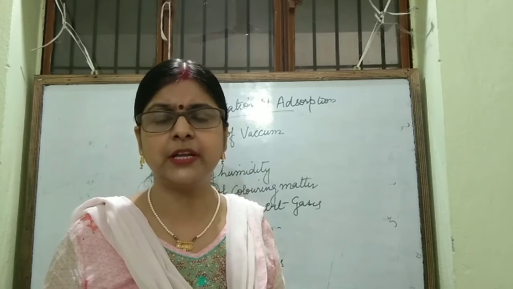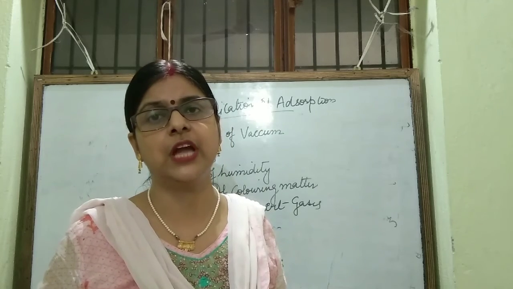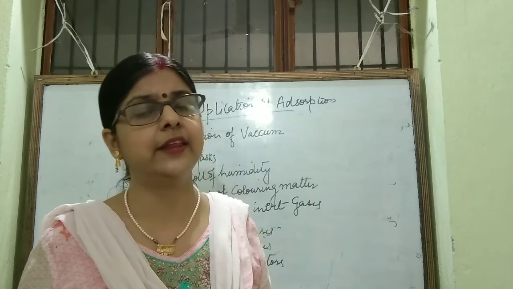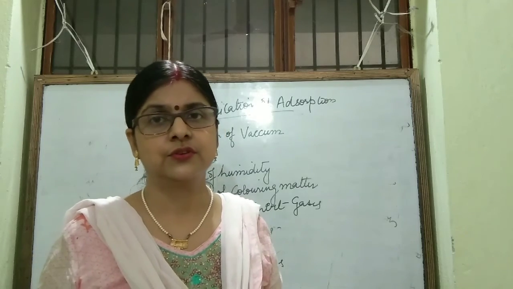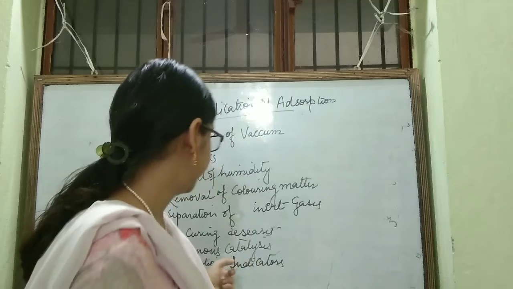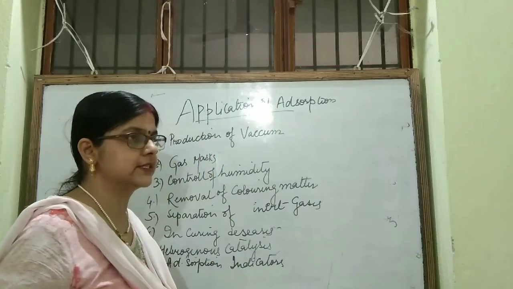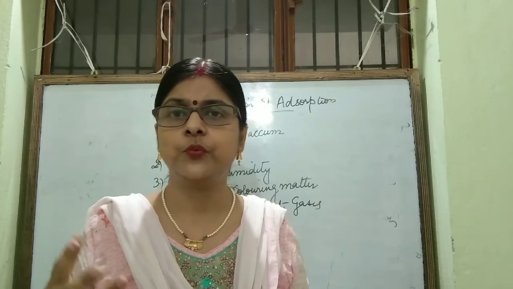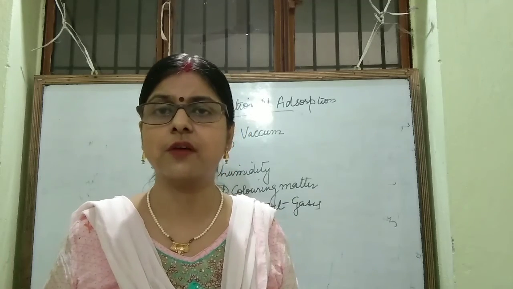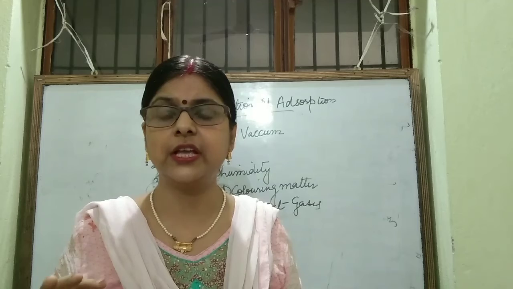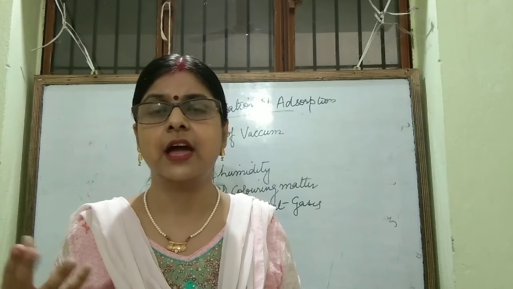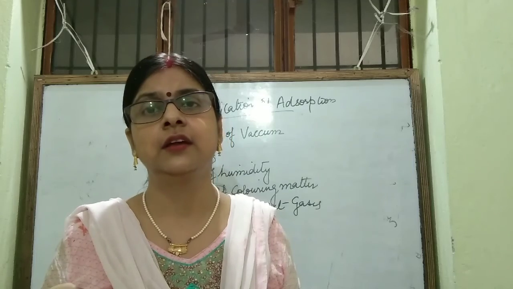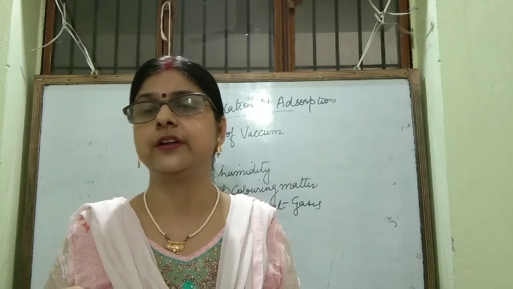All of you remember that in production of ammonia from N2 and H2, iron catalyst is used. Then adsorption indicators. Certain dyes adsorb and change color and help us to determine the end point.